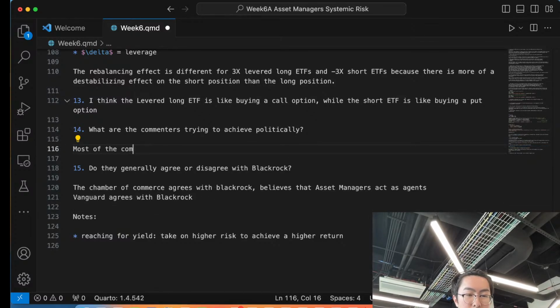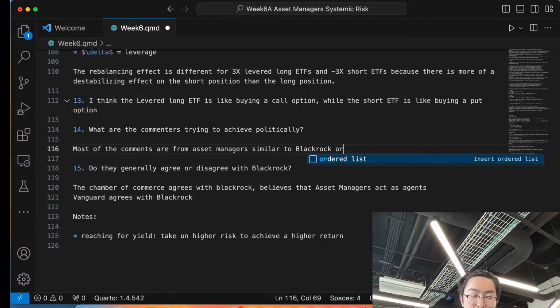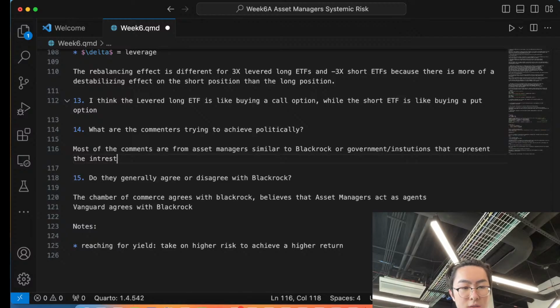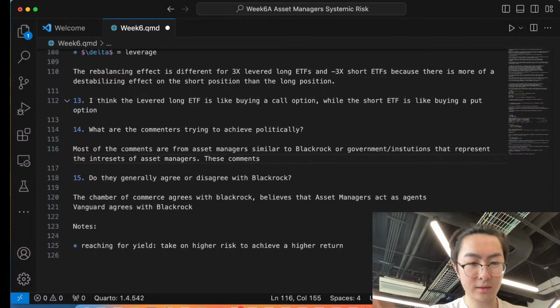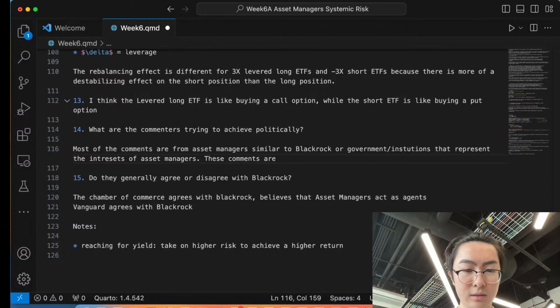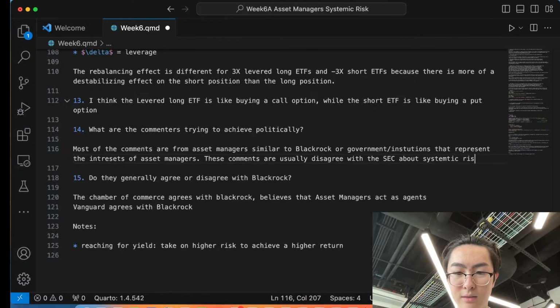So most of the comments are from industry, from asset managers similar to BlackRock or government institutions that represent the interests of asset managers.